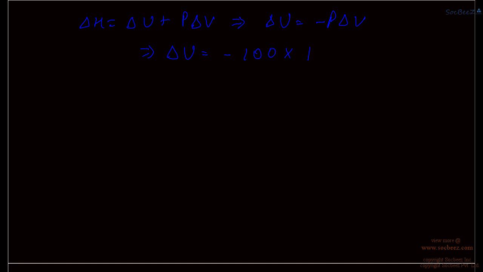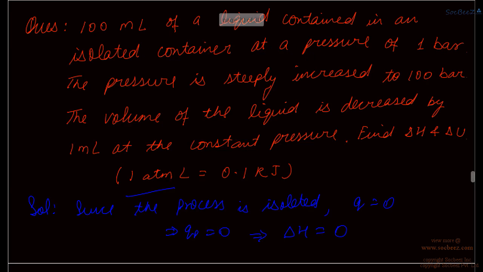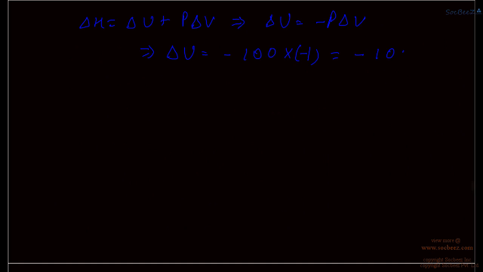Oh, the value of delta V is minus 1, because it is given in the question that the volume of the liquid is decreased by 1 milliliter. Therefore delta V will be minus 1. And hence from here the value of delta U comes out to be plus 100 atm milliliter.